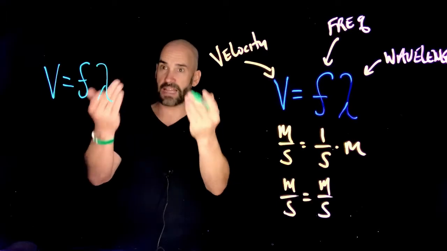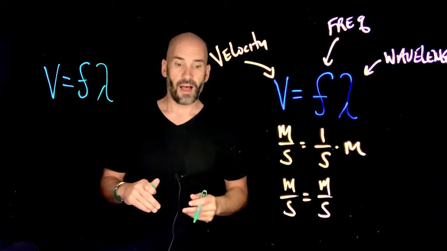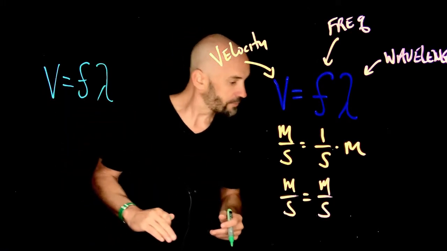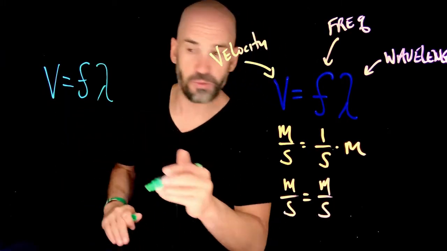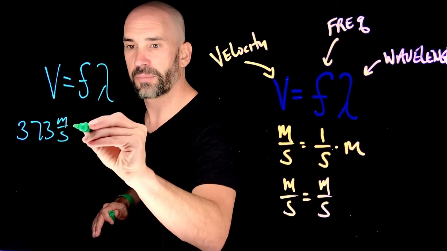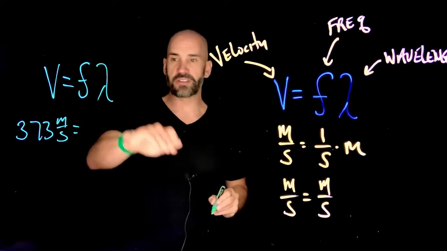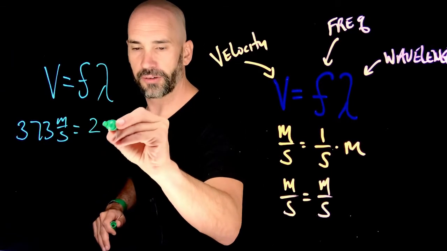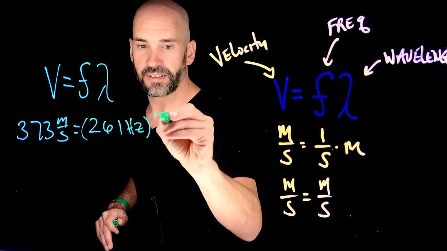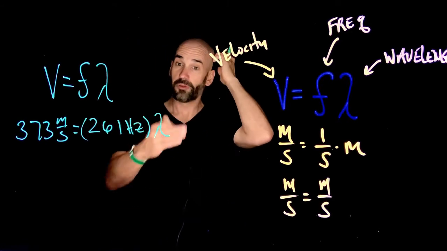And this applies to sound as well as it does to light, right? And so we know that sound has a velocity of, we just talked about it, 373 meters per second in air at standard temperature and pressure. And we know that this frequency is 261 hertz, which makes it very, very easy to find the wavelength of such a sound.